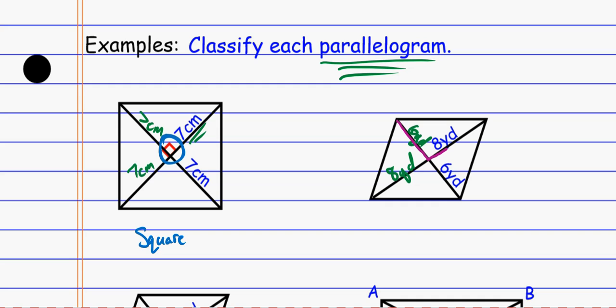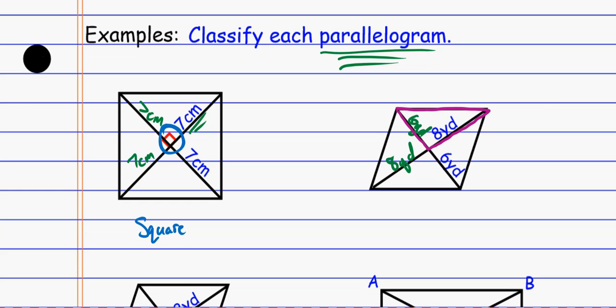If I think about just this piece right here, let me take it off to the side. That's a triangle, and it's a triangle with 6 and 8 respectively. I could compare the sides using the Pythagorean Theorem, because that would tell me if this thing is a right triangle. For this particular one, I want to know if this is a right triangle. The problem is I would need to know this side.